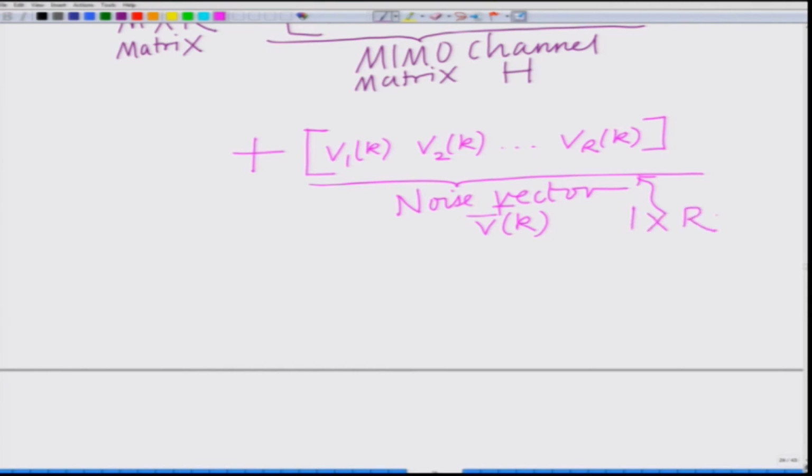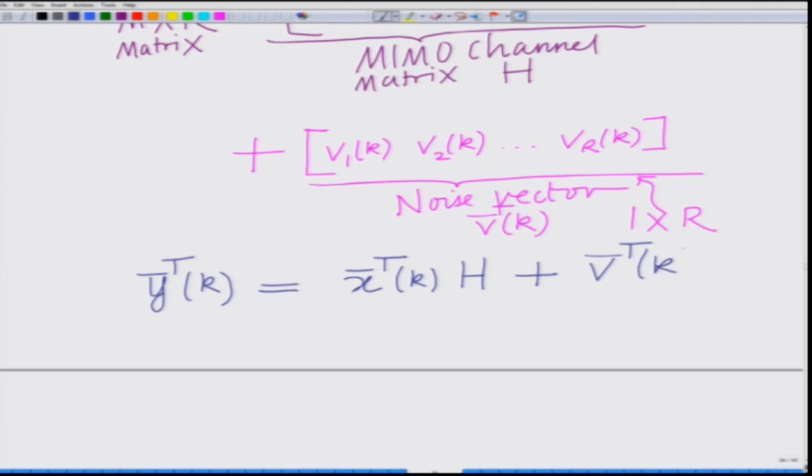So, this is a 1 cross R vector, and therefore, what you have is y bar transpose k equals x bar transpose k times the MIMO channel matrix H plus v bar transpose k.